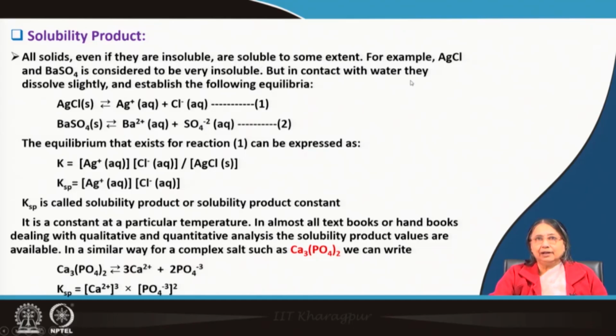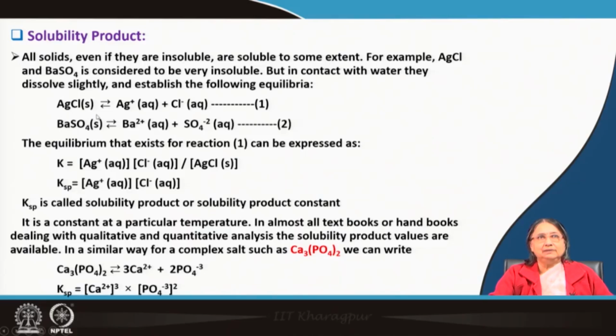For example, silver chloride and barium sulphate, we know are very insoluble, but in contact with water they slightly dissolve and produce the corresponding ions and establish the following equilibria. So, AgCl solid, this is the way to write solid.